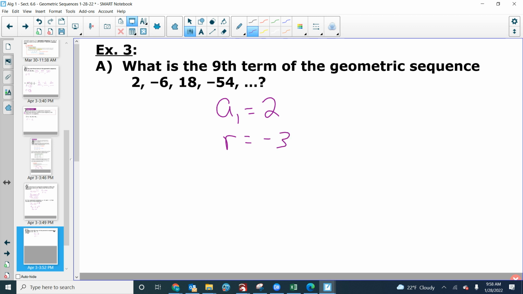So do I. Okay, what are we trying to find? Ninth term? So, a sub 9 equals, what's my first term? What's my ratio? Put it in parentheses. Don't write 2 minus 3. And then what term we find in 9? 9 minus 1 is?